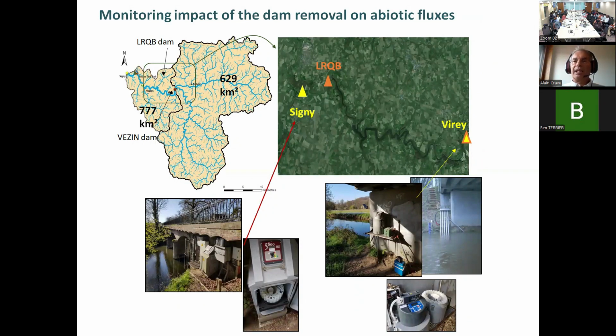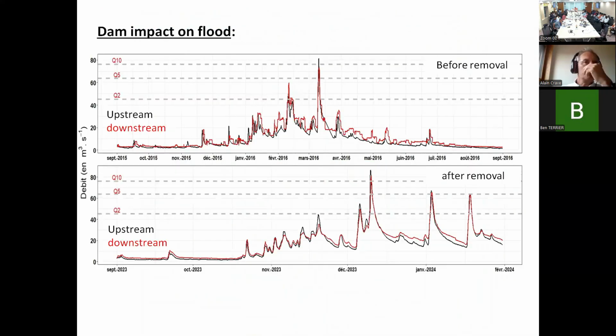We analyze these in the laboratory, and this monitoring has been performed since 2015. So we have at least 10 years of monitoring. It shows you the impact of the removal on the flood.